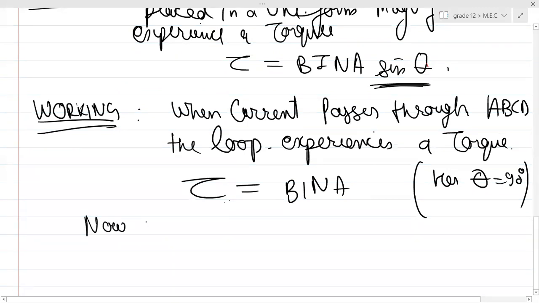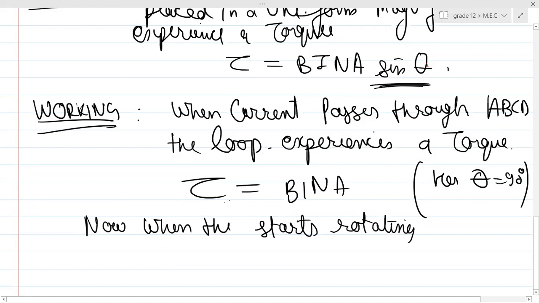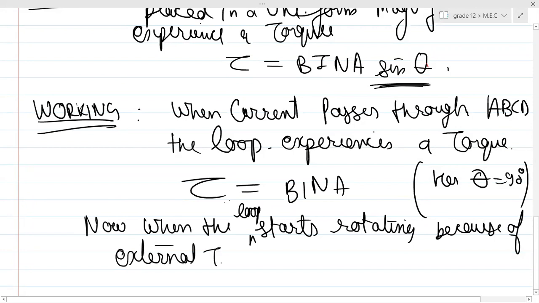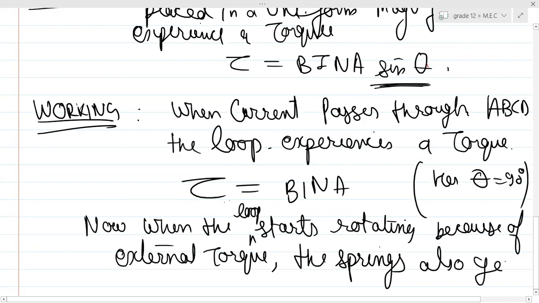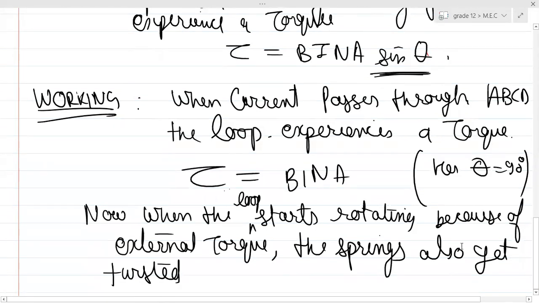Now, when the loop starts rotating because of the torque, the springs also get twisted, right? Yes or no? Hello guys, will the springs also get twisted?